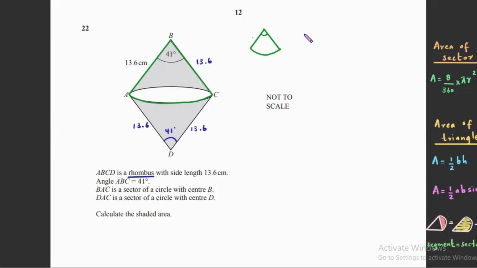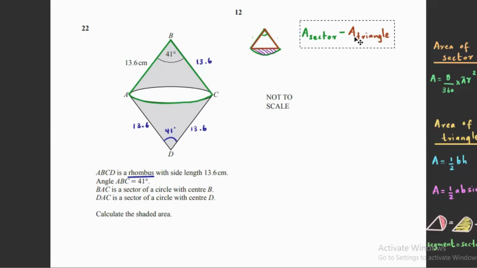So from the area of the sector, I'm going to deduct the area of this triangle that I have here. If I deduct the area of the triangle from the sector, it will give me this portion that I have here. We call that portion the segment.